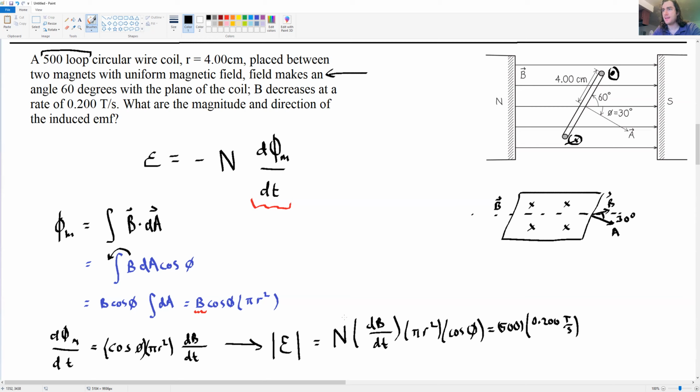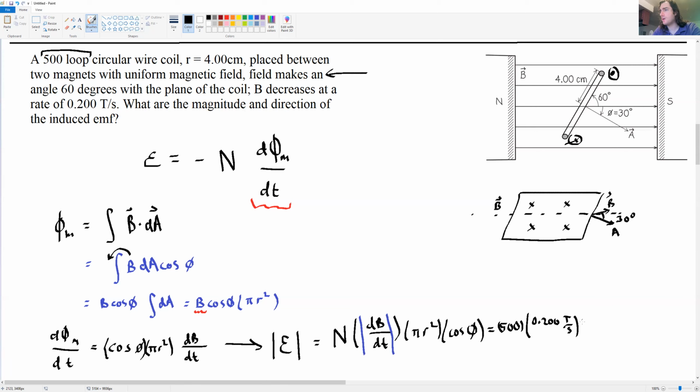Again, I'm taking the magnitude here, so I'm not writing the minus sign, but it is a decrease, and normally a decrease comes with a minus sign. Maybe I should be careful and put the magnitude symbol here to make it more explicit. And that's the rate of change of the magnetic field.